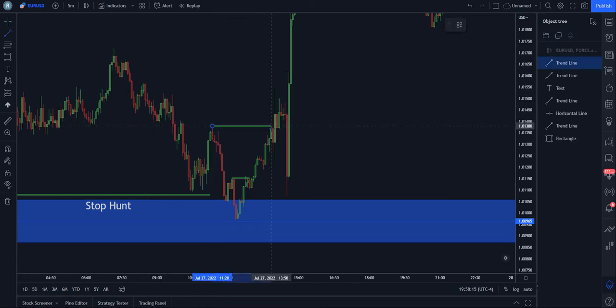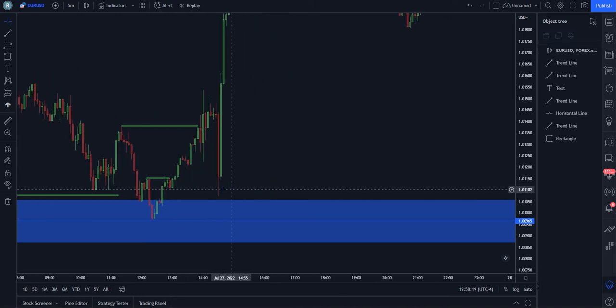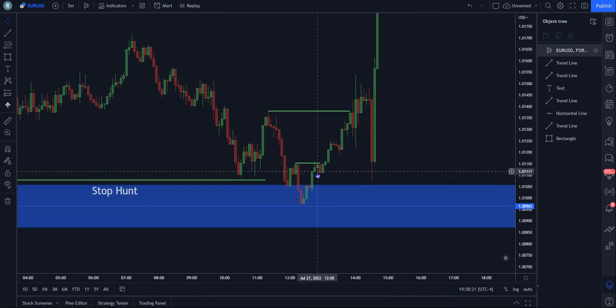Why? Just because this high is just not significant enough for me. It's just not super obvious. Yes, depending on your style of trading, you can count it. I just would not have counted it in this scenario. Maybe if it poked up here a little bit more to create a more significant high, but this is just not as noticeable to me.